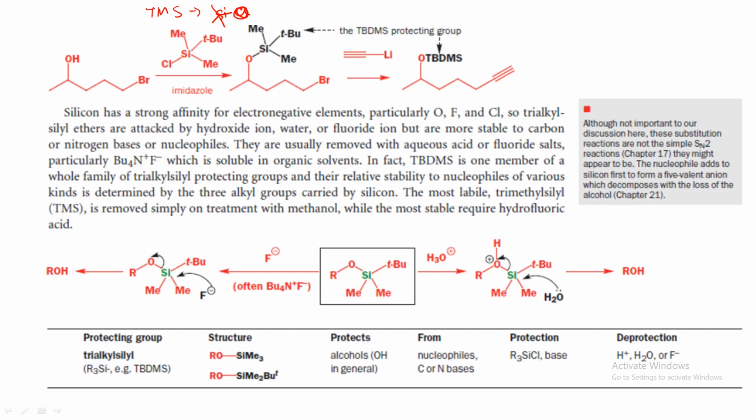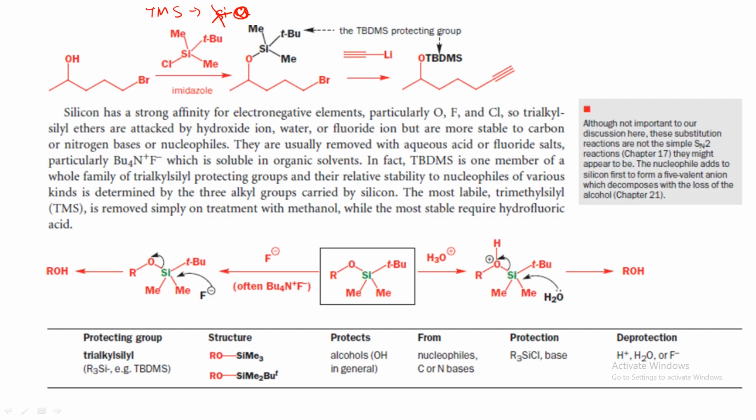You know the stability of the oxygen-silicon bond. That's why these particular groups are used. So this is a TMS protection. There is TBS protection also, and here you can see TBDMS protection. So why is it TBDMS? Because you can see one tert-butyl group is there.